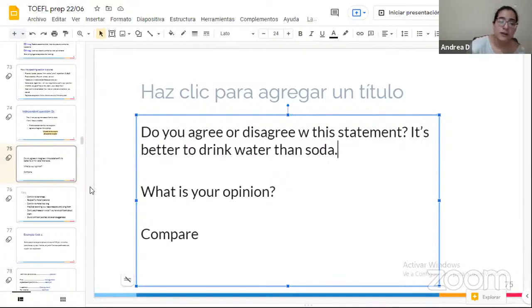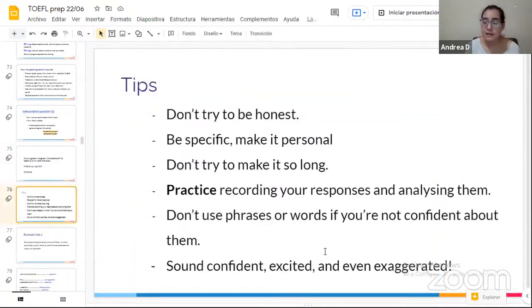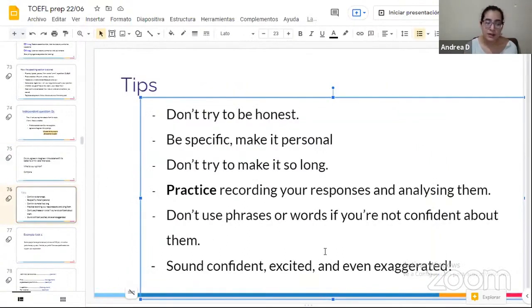So try to sound confident with what you're saying, even if you have no idea what you're saying, or if it's not true, or if you're just making it up. Just try to sound confident. And also excited. Try to speak loud and clear and like you were really passionate about this topic. And exaggerate it as well.